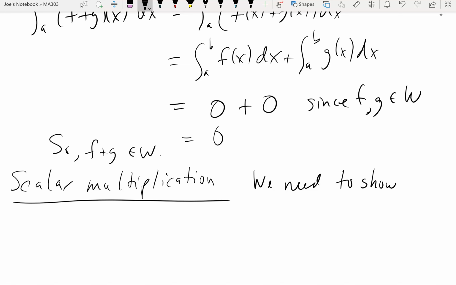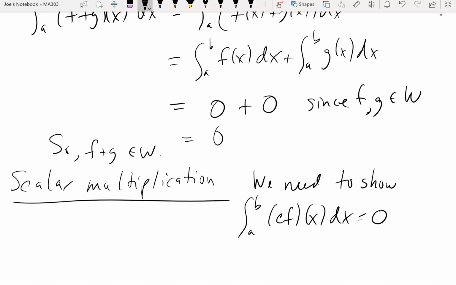What do we need to show with respect to this problem? Okay, so I multiply the function by the scalar, it's still in W, and what's the defining characteristic for being in W again? The integral is 0, right? So we need to show that the integral from a to b of c f(x) dx is 0.